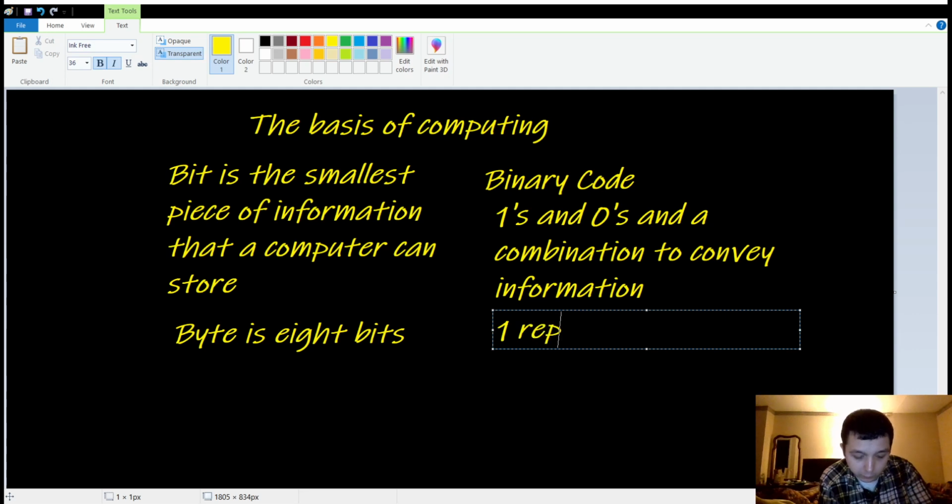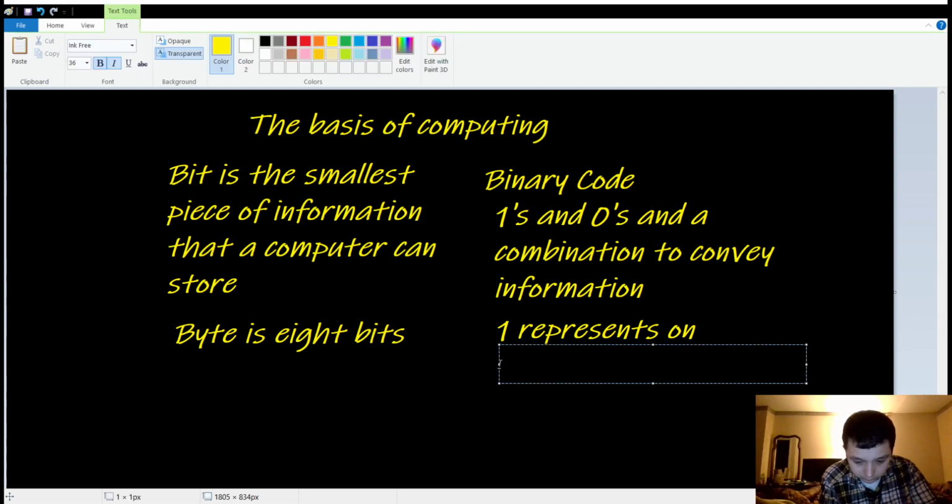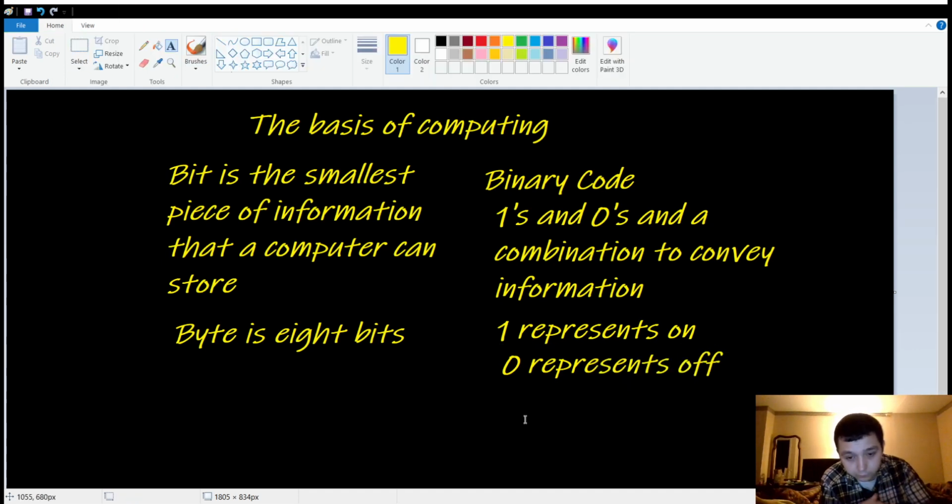One represents on, and zero represents off. So that's why they use ones and zeros, because computers are electrical things, you know?